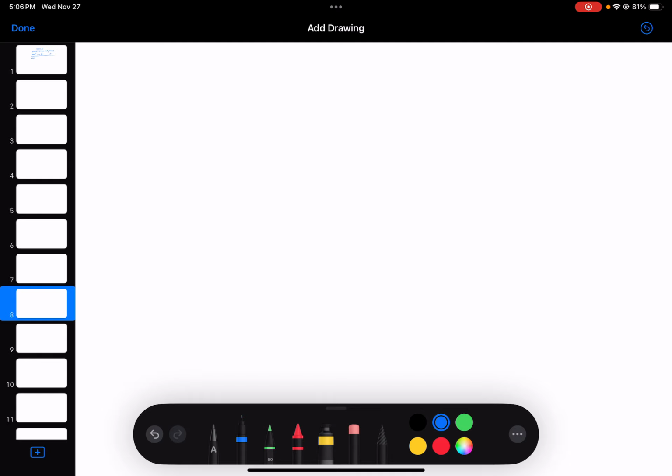Let's go through an example. All right, so example. Well, before we do the drawing, let's write the question.